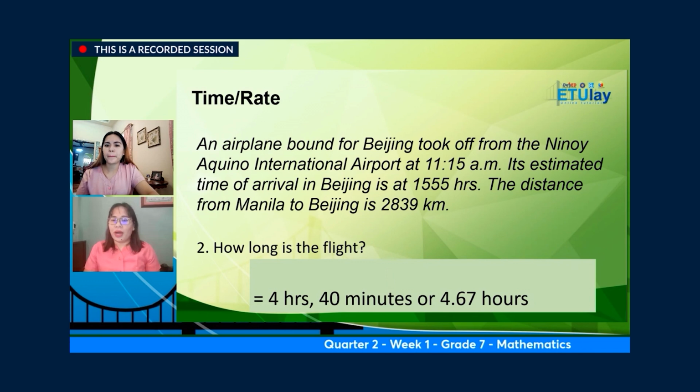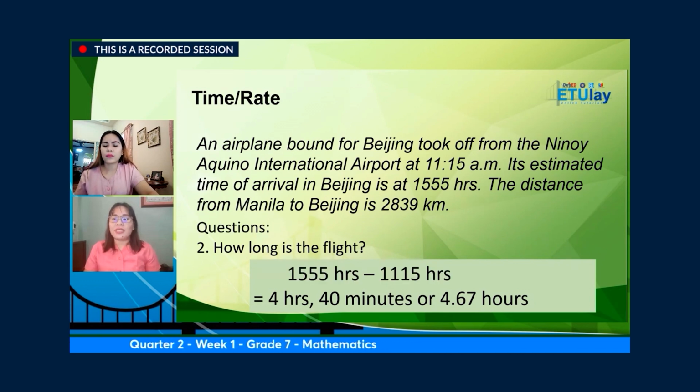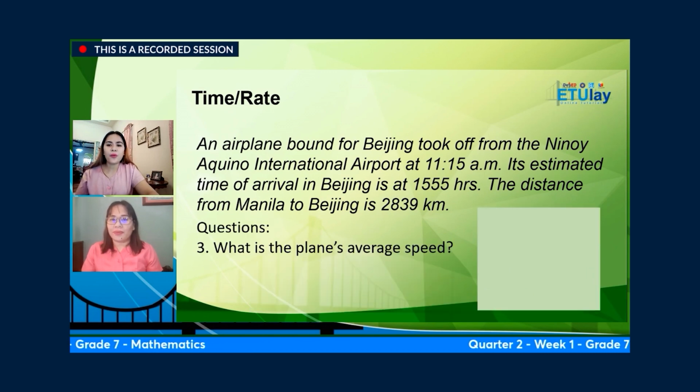We subtract 15:55 hours minus 11:15 hours. The answer is 4 hours and 40 minutes, or 4.67 hours.